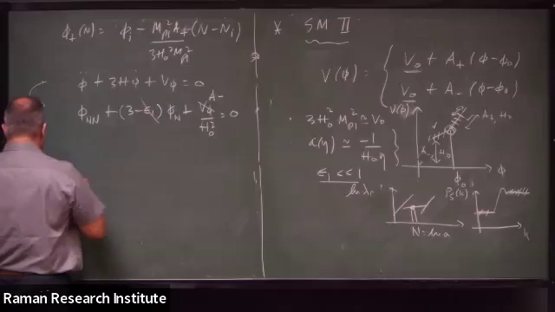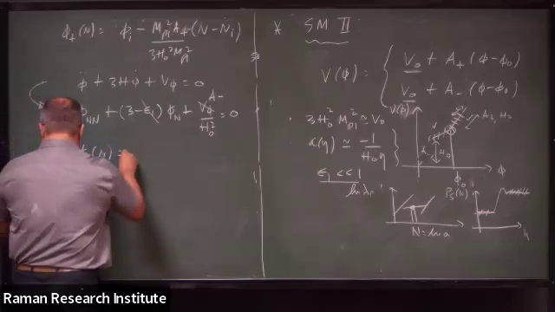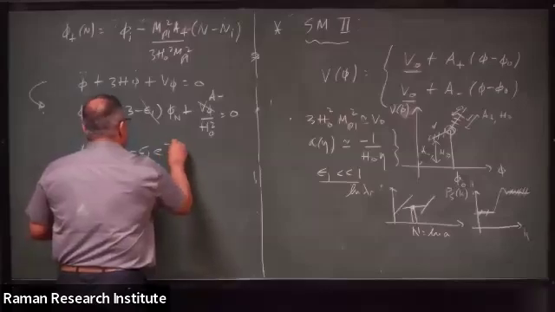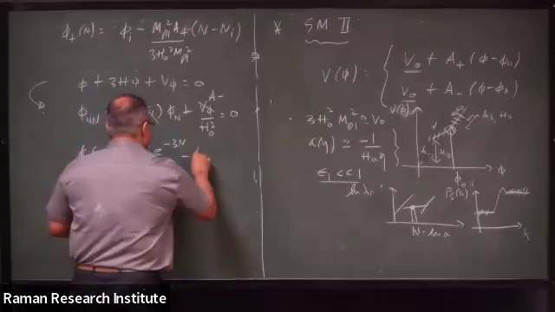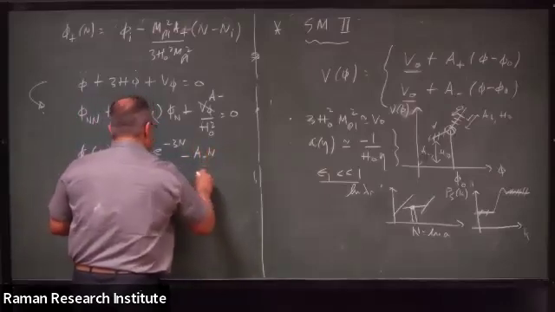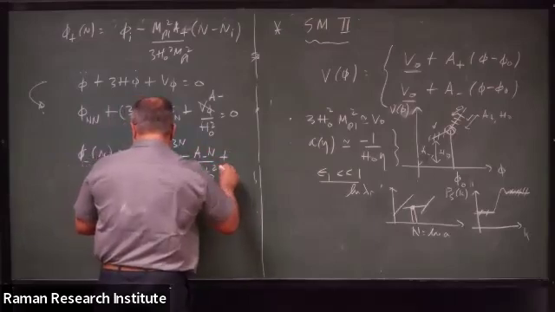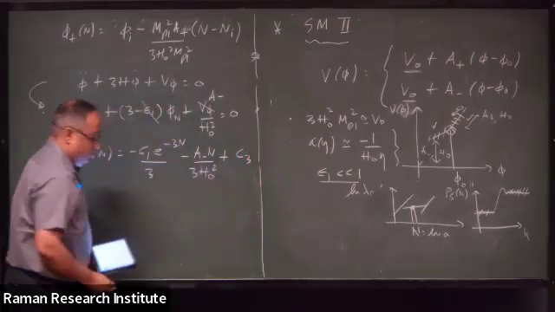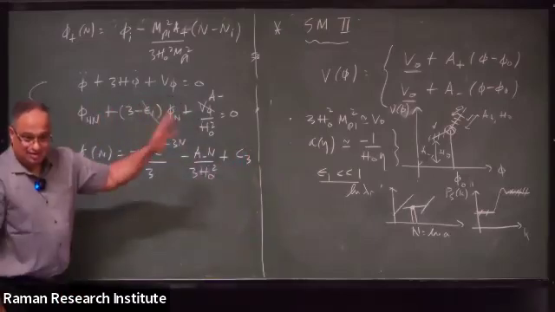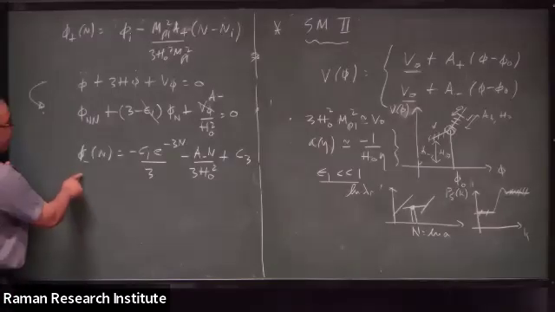You obtain phi of n to be minus C1 e^(-3n) divided by 3, minus A minus n by 3H naught squared, plus some constant C3. Don't ask me why I call C3 and C1. Well, there is some other constant C2 in my notes. I hope it is clear.